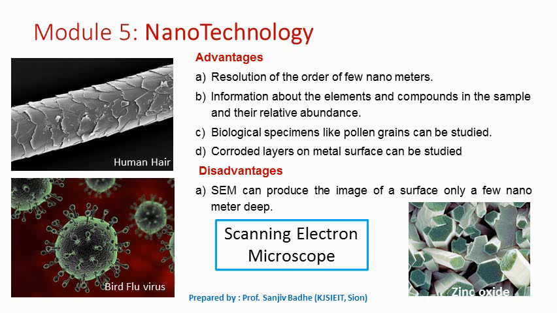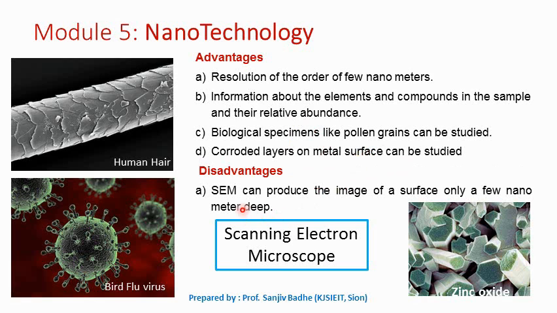Advantages of the scanning electron microscope are that resolution of the order of a few nanometers can be obtained. Information about the elements and compounds in the sample and their relative abundance can be found out. With a scanning electron microscope we can view biological specimens like pollen grains also. Corroded layers on a metal surface can also be studied.